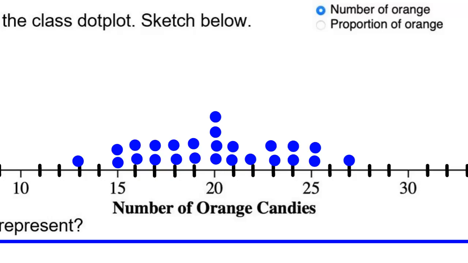Awesome. What'd you get? 19, 11, 18, 20, 22.